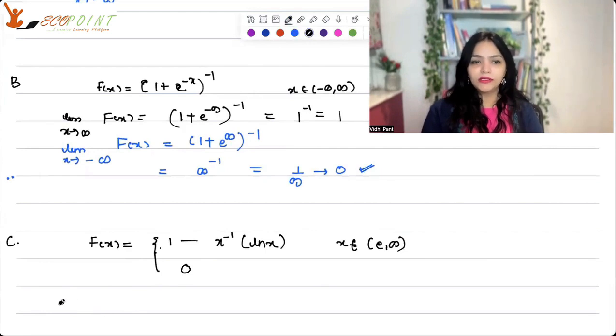And otherwise it's 0. So what do we have to do? We have to check limit x tends to infinity 1 minus x to the power minus 1 log x.